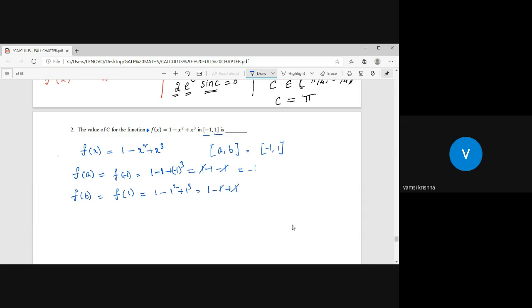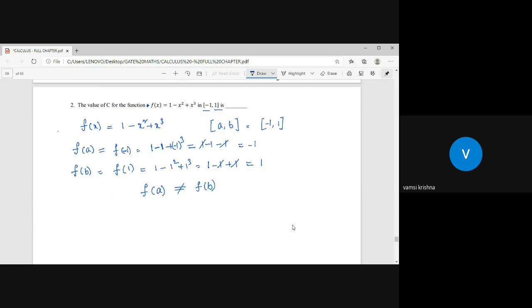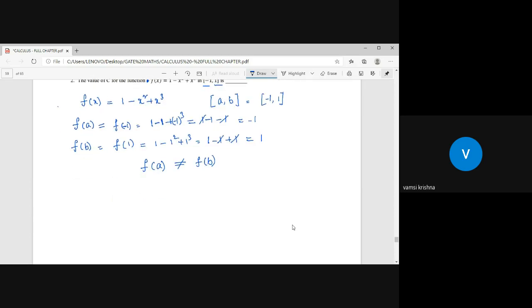The plus 1 and minus 1 cancel. Result is 1. But f of a I got as minus 1 and f of b I got as plus 1. So f of a is not equal to f of b, then you should proceed to Lagrange's theorem.